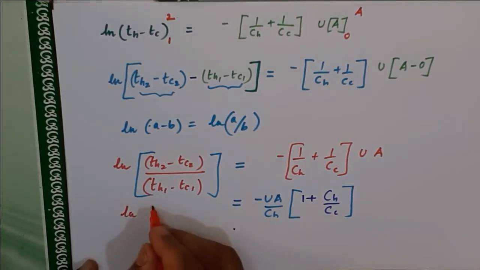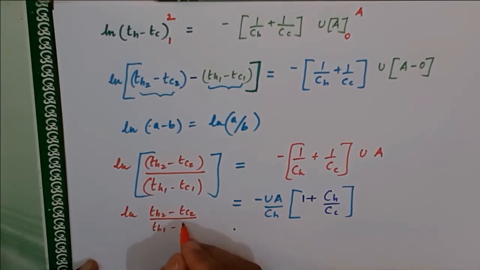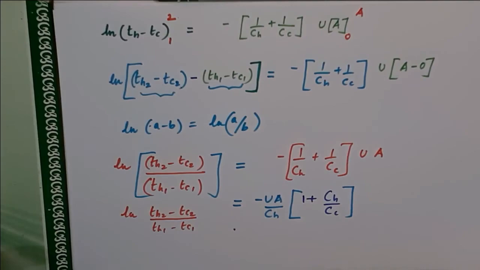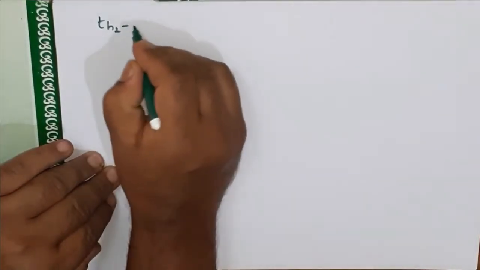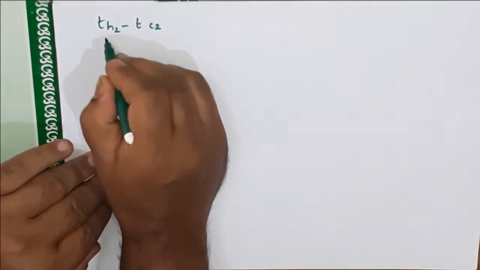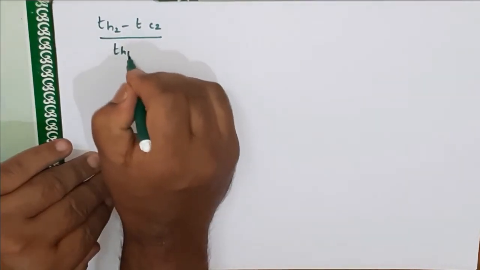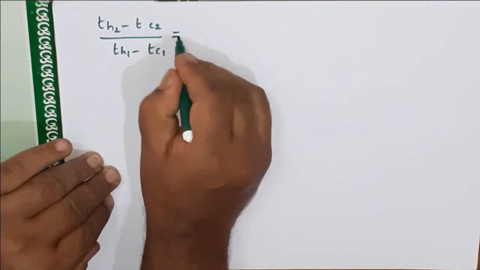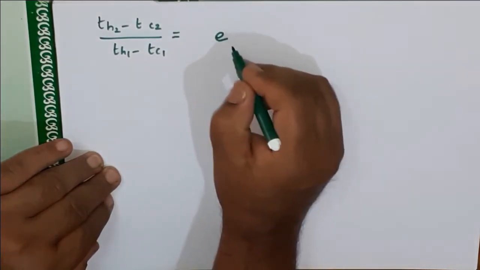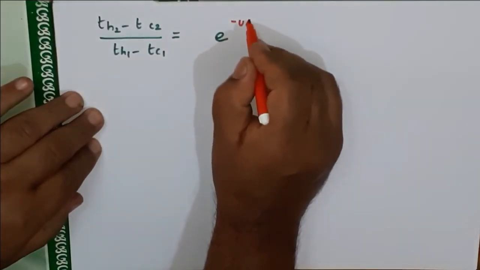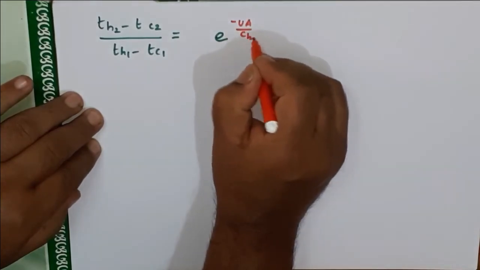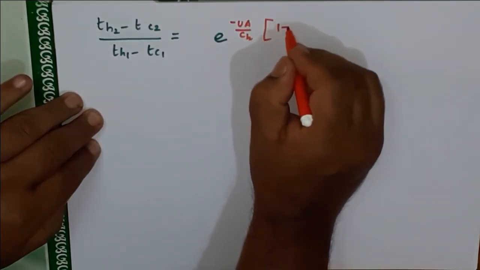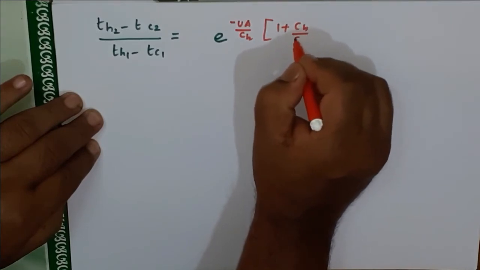Ln of (TH2 minus TC2) whole divided by (TH1 minus TC1). So now (TH2 minus TC2) whole divided by (TH1 minus TC1) is equal to e power minus UA by CH into (1 plus CH by CC).